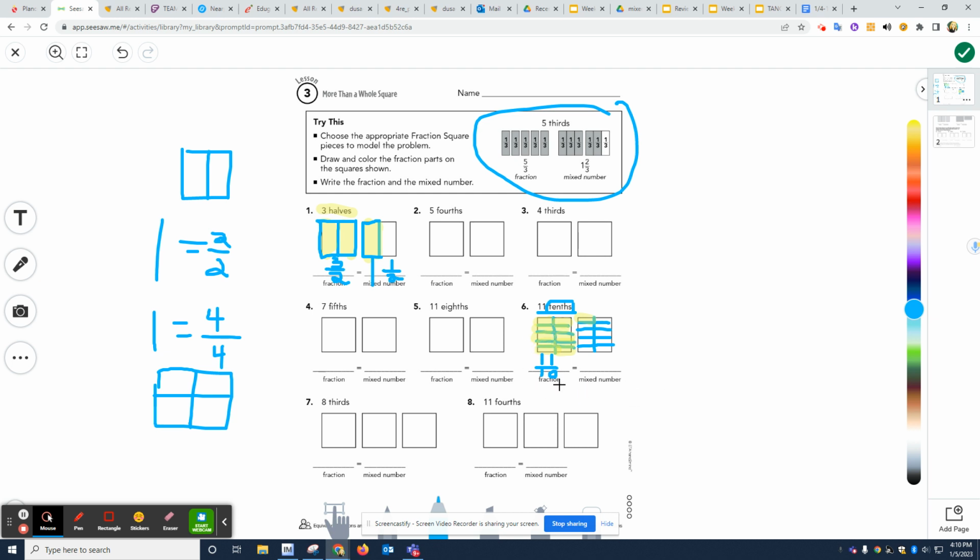So if I'm going to write this fraction as a mixed number, I have one whole and I have 1/10 left. So I can write it one whole and 1/10.